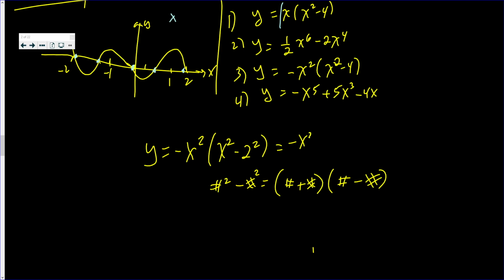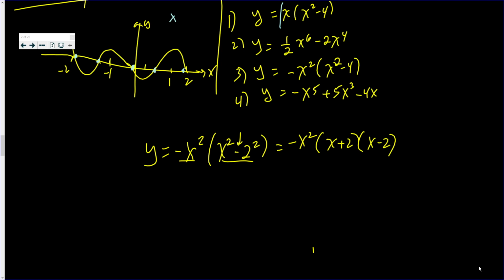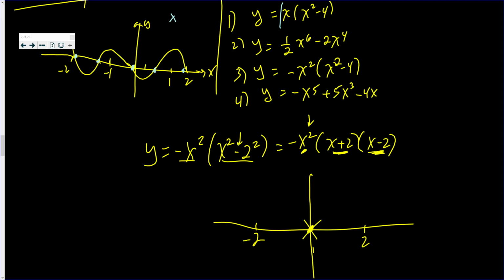So there's the -x squared here, and over here, it's the difference of squares. I add the two numbers being squared, I subtract the two numbers being squared. The zeros are when that's 0, when this is 0, which is negative 2, and when that's 0, which is positive 2. Only this one has an even power, so I won't cross there.